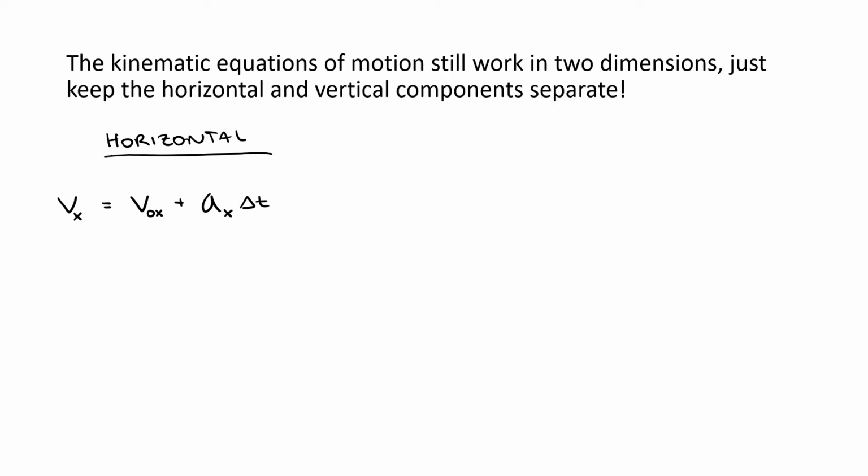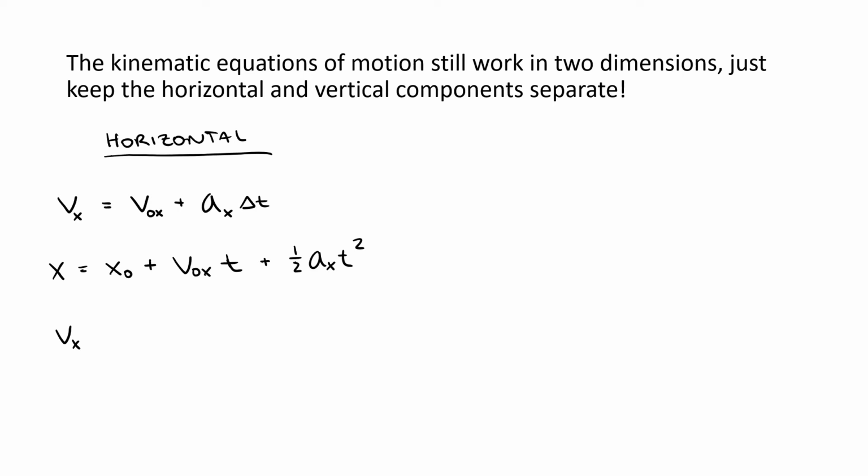And then we have the next equation, which looks something like this: x equals x naught plus v naught x t plus 1/2 the horizontal acceleration times t squared. The third one will look like this now.